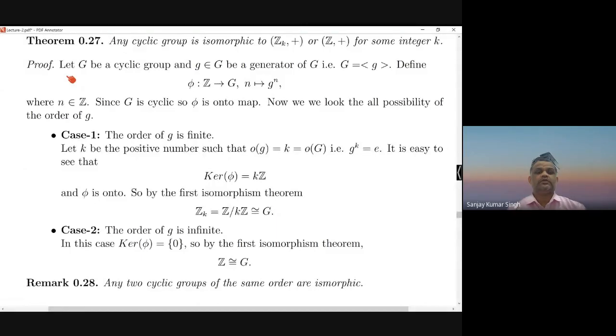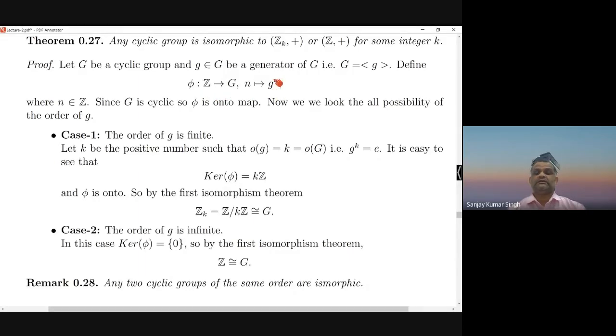So let G be a cyclic group. Since it is a cyclic group, there exists an element small g in capital G such that G is generated by this element small g. Now I will define a map phi from Z to G. I will take any integer n and send it to g power n.